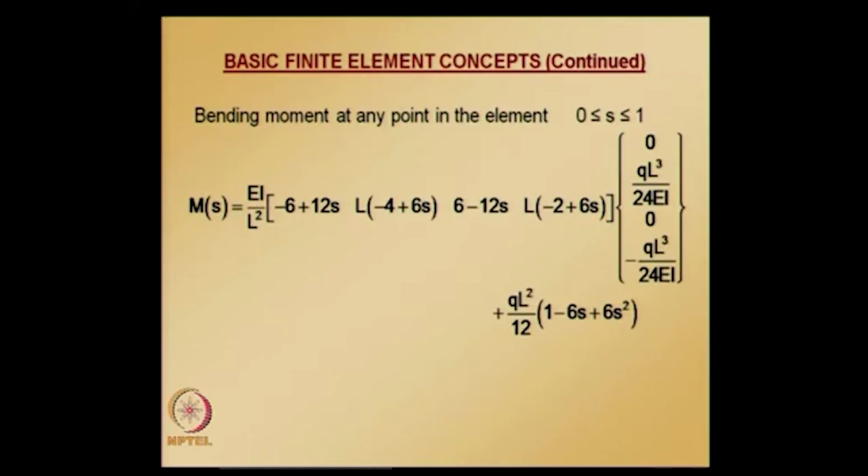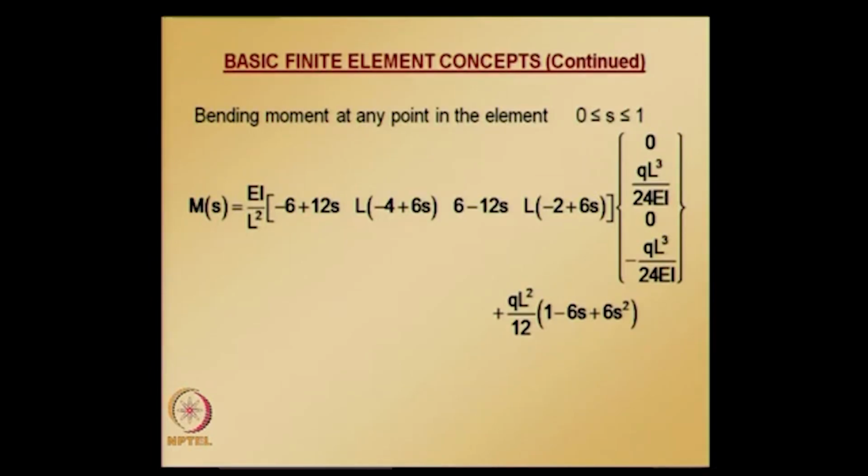we are interested in the maximum bending moment, because last time when we did the comparisons between the solution that we got from finite elements using two elements and the exact solution, we compared mid span displacement, mid span moment and end shear.